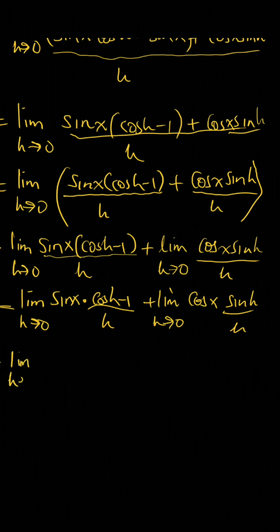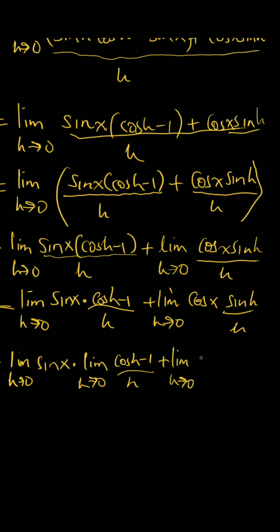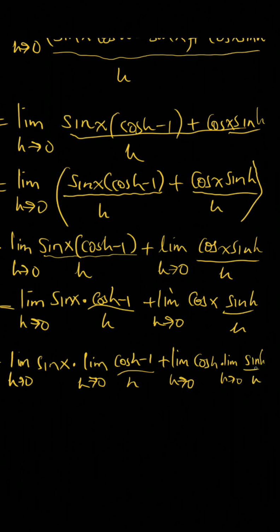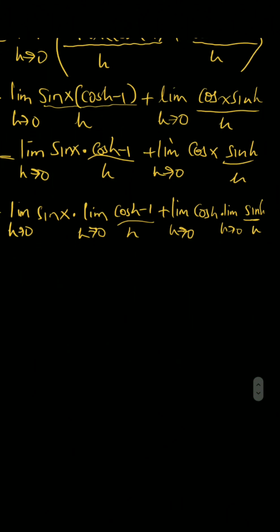So we say limit, the first part, which is sin x, will have the limit on its own, so to be limit as h approaches 0 of sin x, to simply multiply with limit as h approaches 0 of cos h minus 1 over h, then you say plus limit as h approaches 0 of the first part of the second term, which is cos x, then times limit as h approaches 0 of sin h, then this is divided by h.